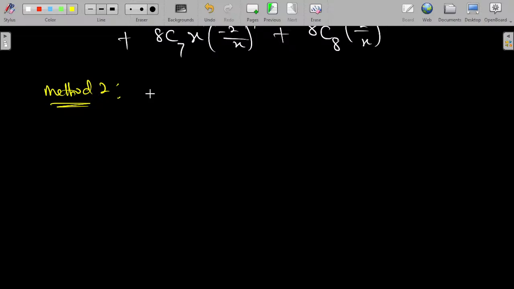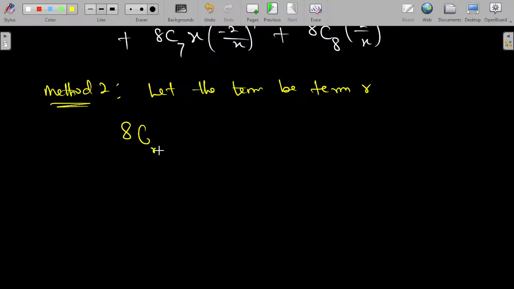So they said let the term be the r term. Let it be term r. That means fifth term or sixth term or whatever. Remember we told you that if it is r, then you are going to have 8 combination. Whatever you have here is always 1 less than the term, the position of the term.